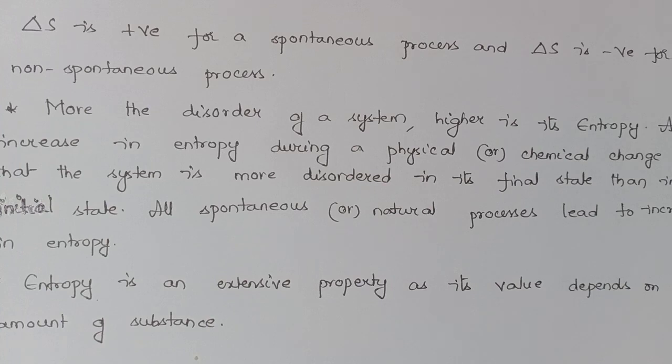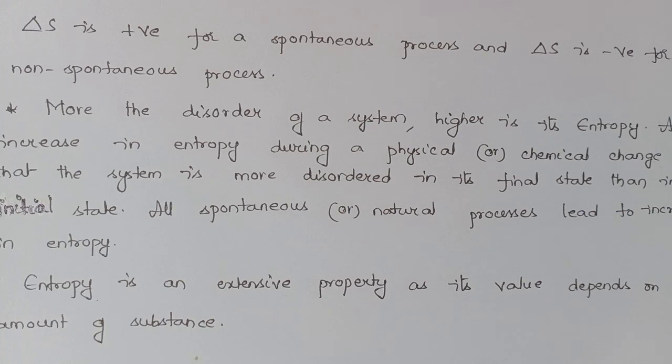Entropy of a system is a thermodynamic quantity which is a measure of disorder or randomness of molecules in a system, denoted by capital letter S. It is a state function which depends on initial and final states of the system, and change in entropy delta S is equal to SF minus SI, and also it is given by the expression Q by T, which is nothing but the amount of heat absorbed reversibly, denoted as Q reversible by T. Okay, and also SF is equal to SI, SF greater than SI, SF less than SI.